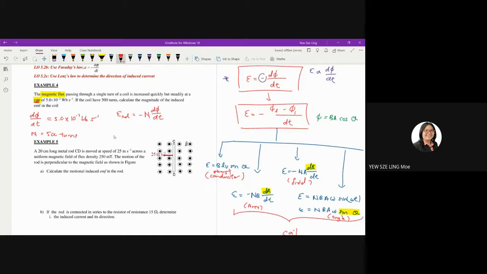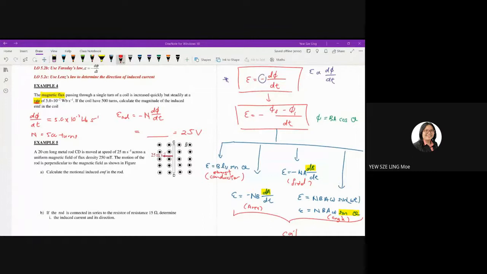If you have just one turn, then N equals 1. You plug in the values and eventually you should obtain 25 volt. The unit for induced EMF is volt, same as EMF. So that is the answer for example 4.